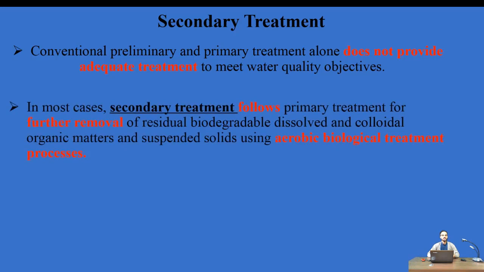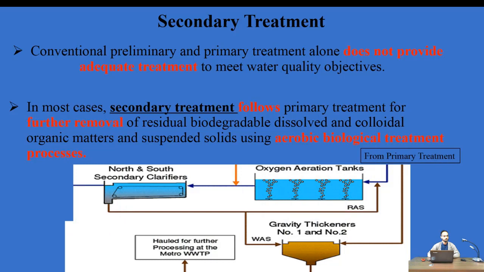In most cases, secondary treatment following primary treatment is needed for further removal of residual biodegradable and colloidal organics, and also for further removal of suspended solids, using aerobic or sometimes anaerobic biological treatment processes.